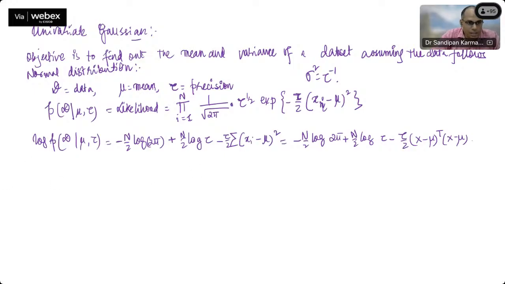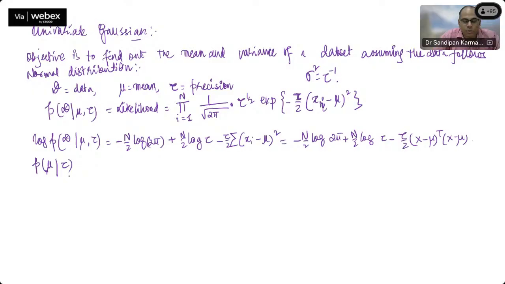Now next, I'll assume the probability distribution of mu given tau. Why is the mean conditional on the precision? It has a reason.